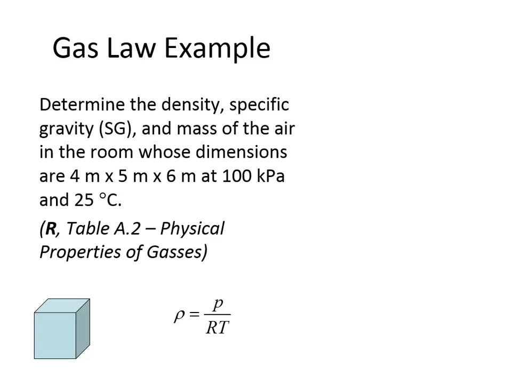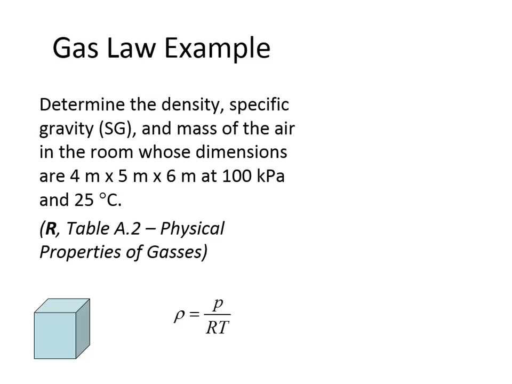And then the temperature that's given in the problem statement of 25 degrees Celsius, we have to convert that into Kelvin to be able to use it. And so if we add 273, it is 298 Kelvin, plus 273 being the conversion to go from Celsius to Kelvin.